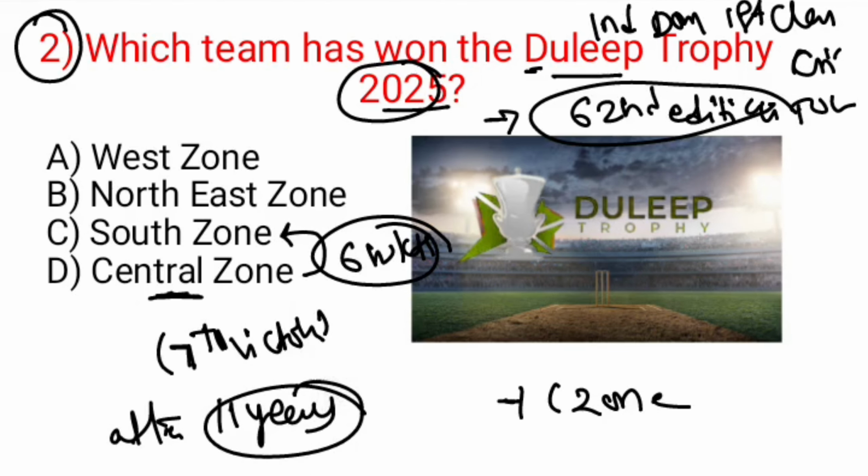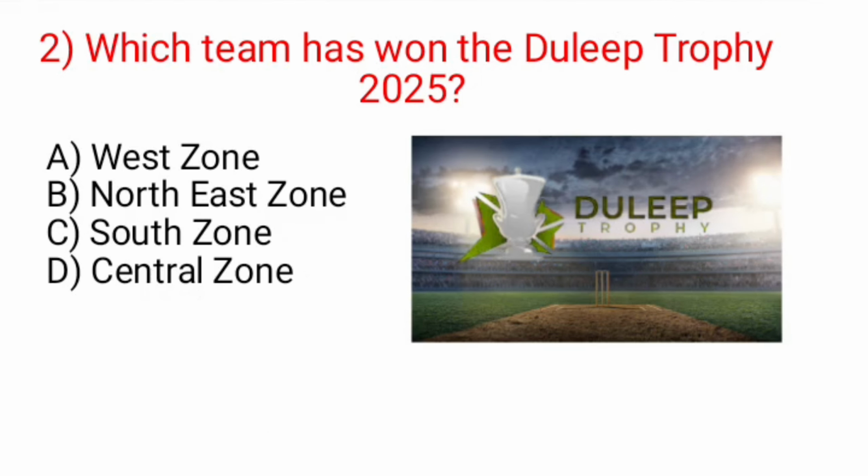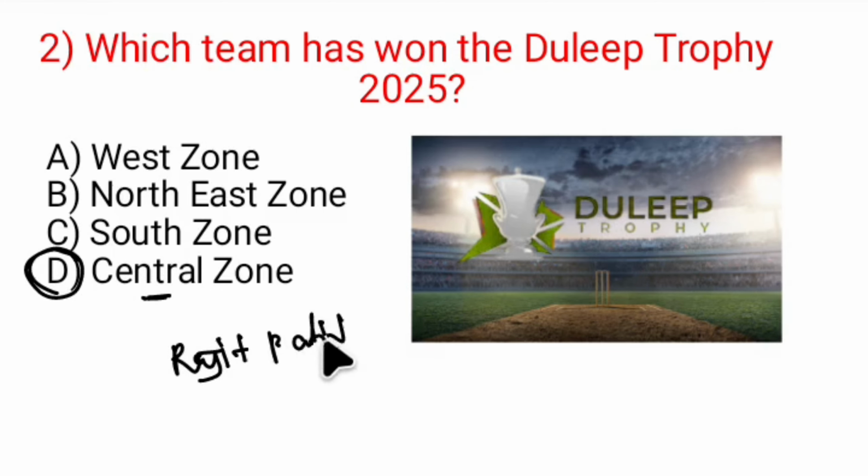So which team has won the Duleep Trophy? The Duleep Trophy was won by the Central Zone, and the captain for the Central Zone team was Rajat Patidar. He was also the captain for the IPL team Royal Challengers Bangalore.